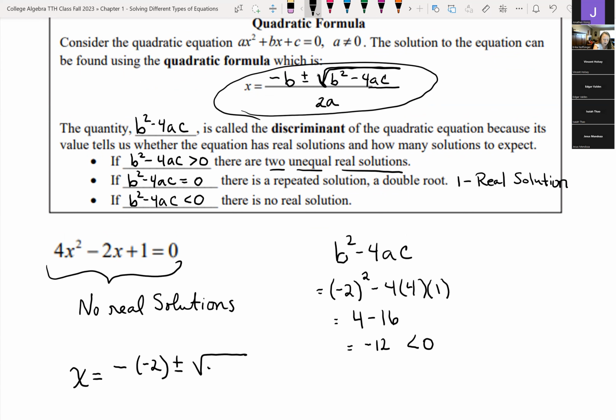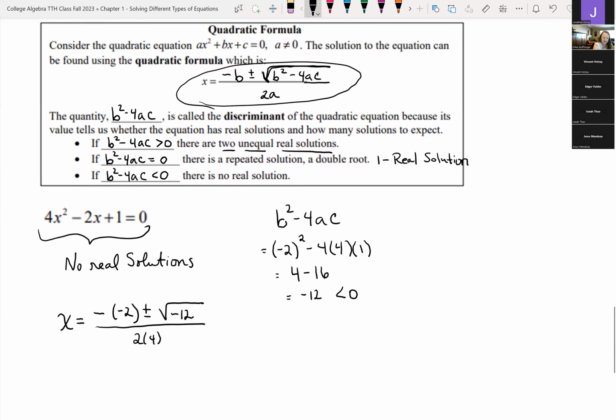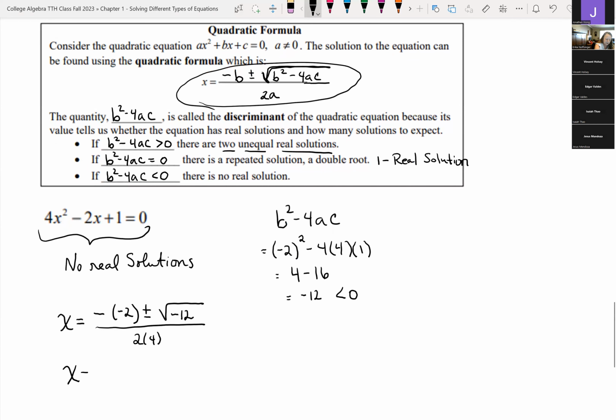Well, we already did that work, so let's put in that result, -12, all over 2 times a, and a is 4. So let's simplify this down. We have x is equal to negative of negative, so +2, plus or minus the square root of, I can break this down as 4 times -3, all over 8.